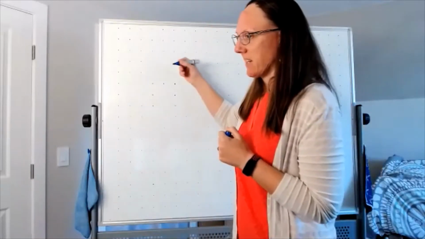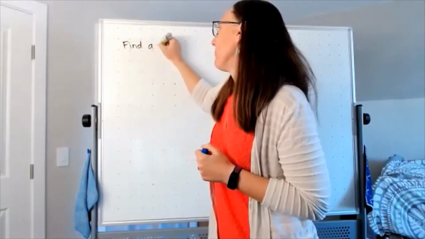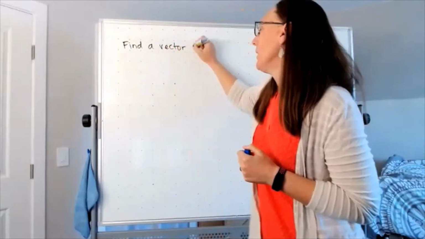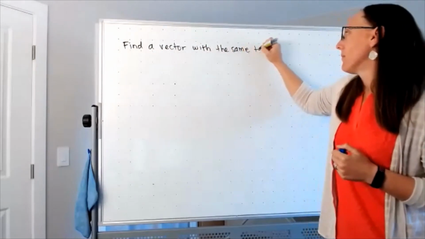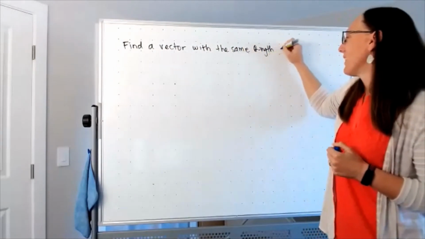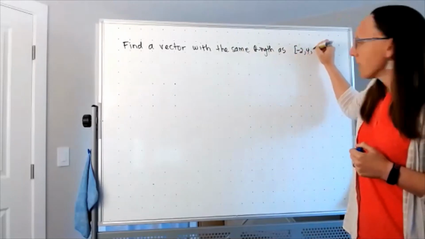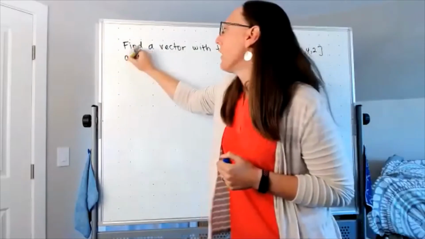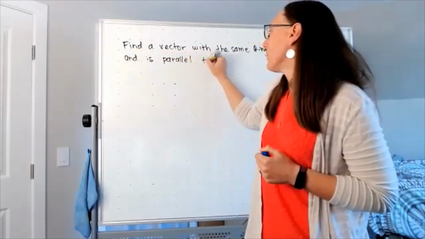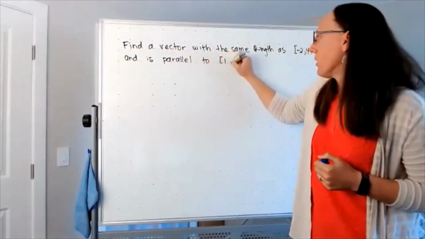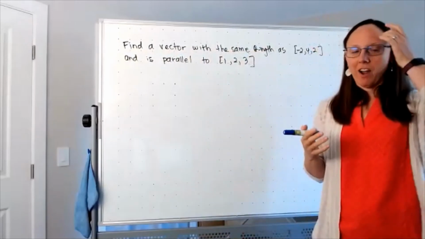And this has asked us to find a vector that has the same length as -2, 4, 2, and is parallel to 1, 2, 3. So there's kind of a lot going on here.